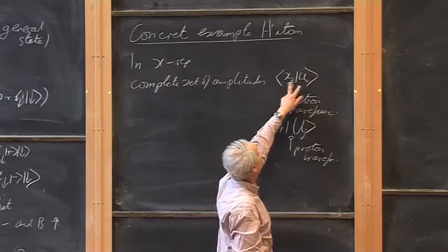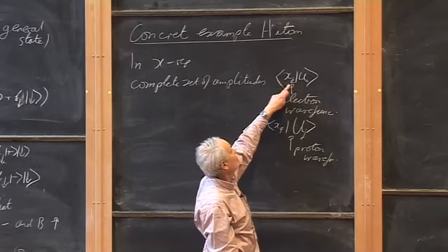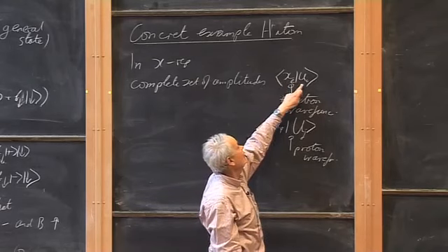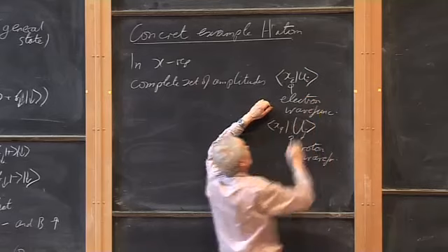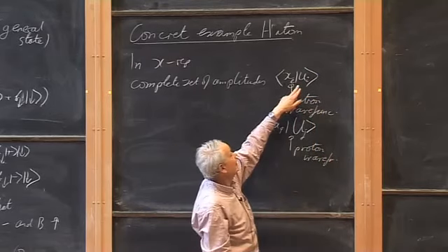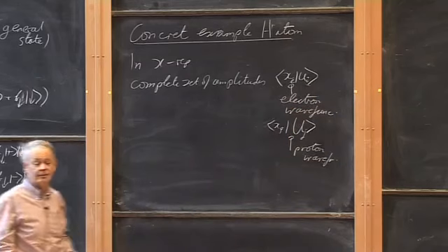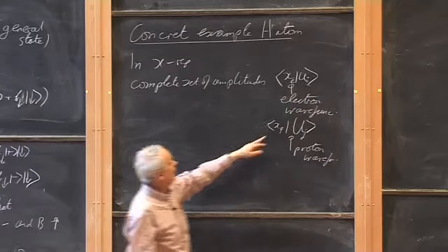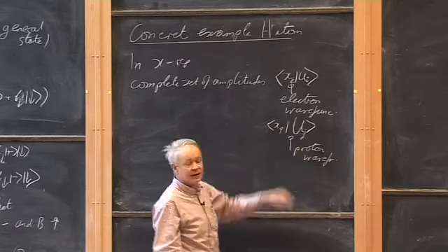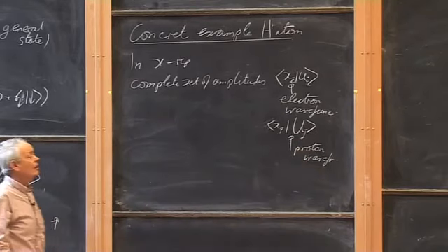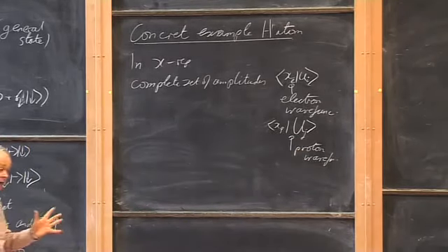So this might be the amplitude to find the electron at the point xe, given that the energy of the electron is ei. And this might be the amplitude to find the proton somewhere, given that the proton's energy is ej, say, right?